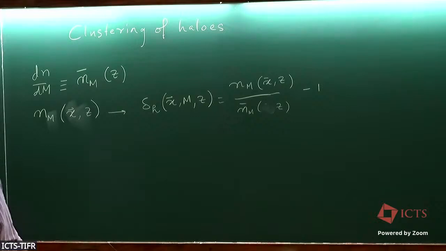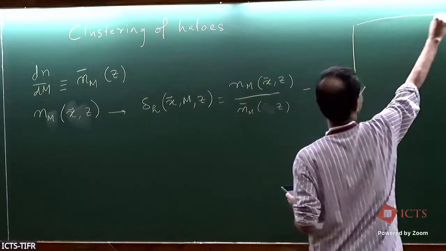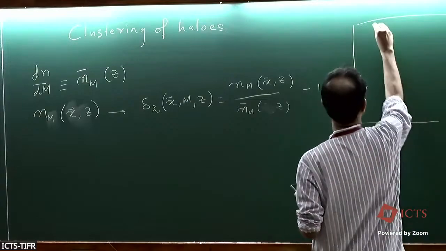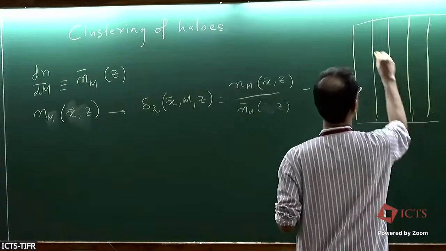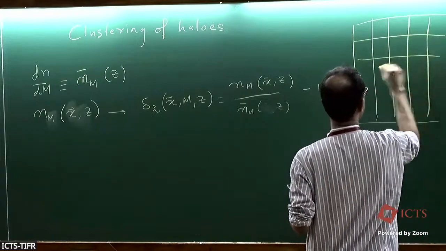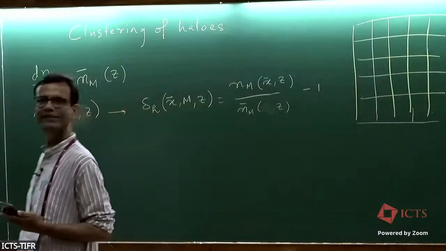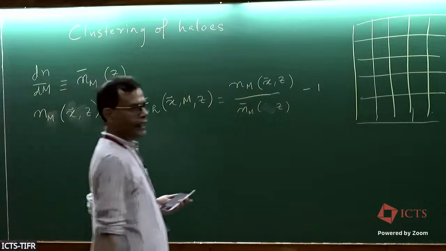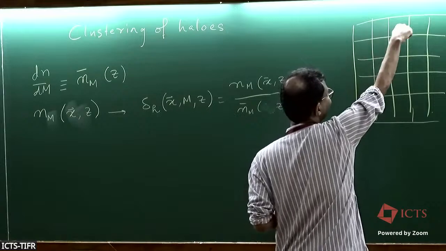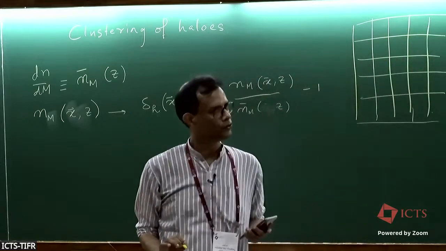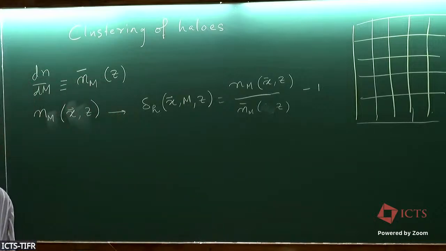Now, how to do this? Imagine you have your universe, which could be a simulation box, it could be the real universe. Then you divide it into some grids. A uniform grid is something good to work with. Now you calculate, like you are doing in your tutorial, the density in each of these grids through some way of smoothing the particle positions.